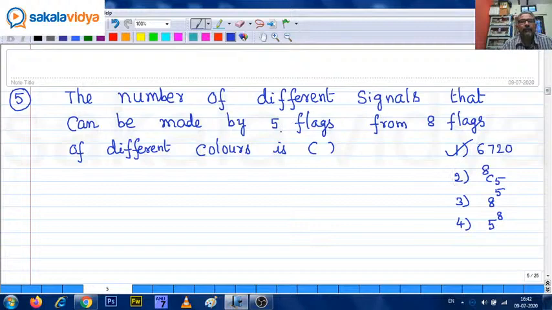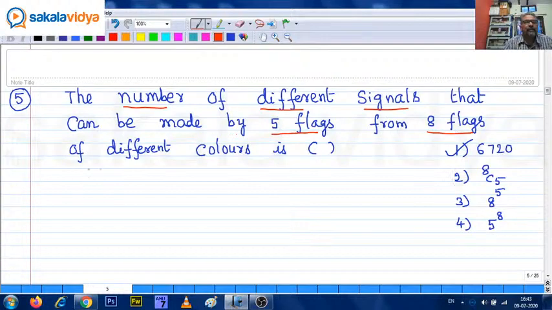See here, the number of different signals that can be made by 5 flags from 8 flags. From 8 flags we need to arrange 5 flags. Understood now?